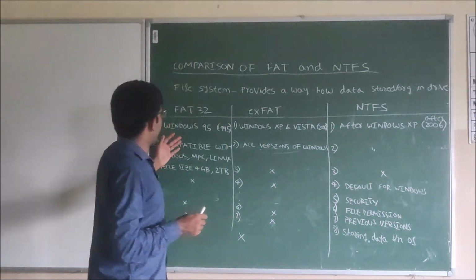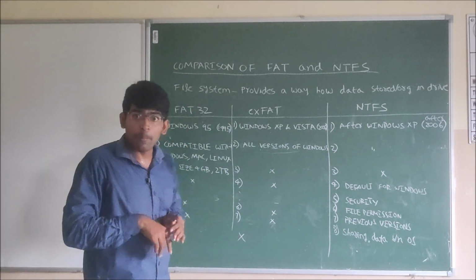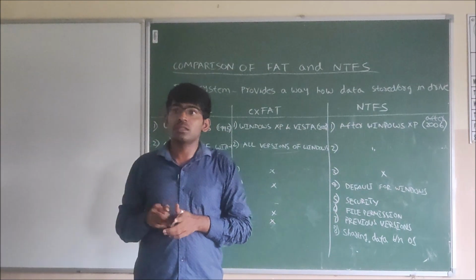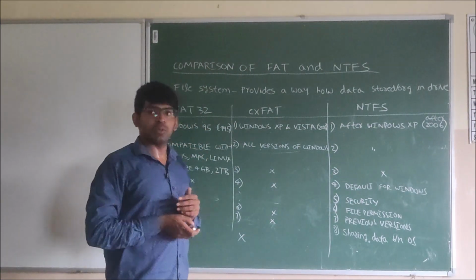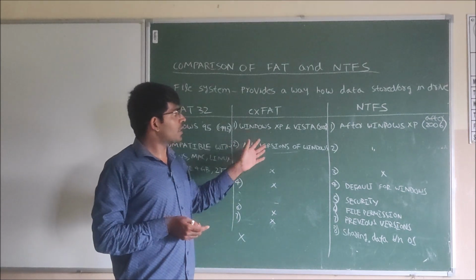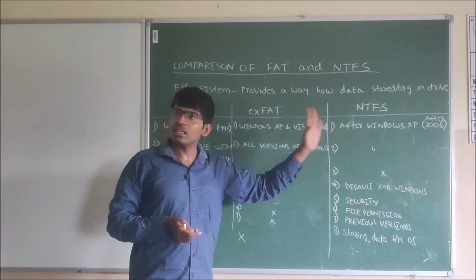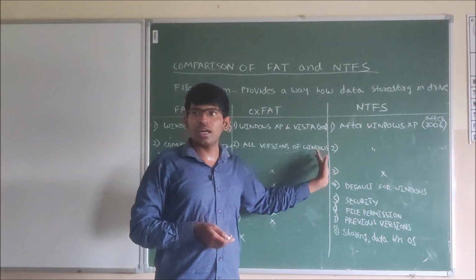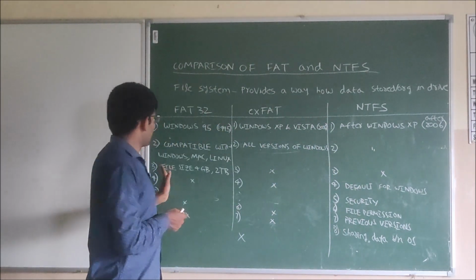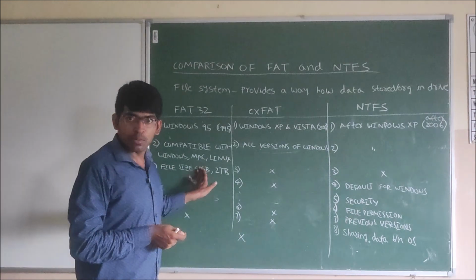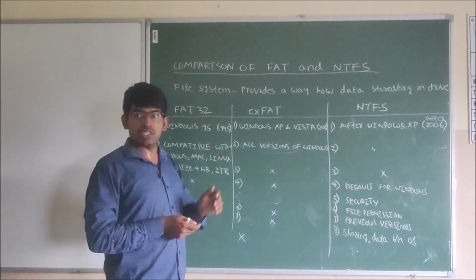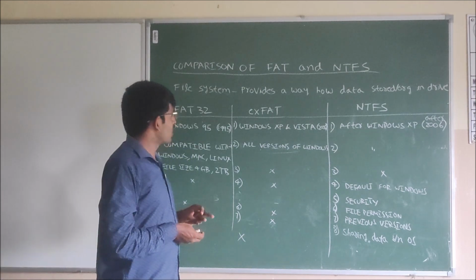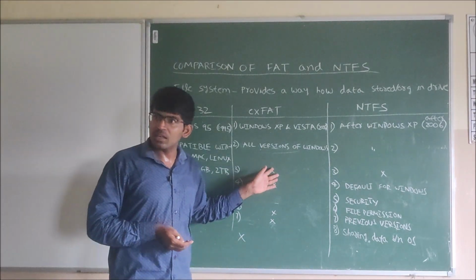NTFS. And which file system is compatible with all OSs? FAT32. Which are not compatible with all OSs? exFAT and NTFS, but with all versions of Windows they are compatible. File size maximum 4 GB in which file system? FAT32. In exFAT, unlimited.